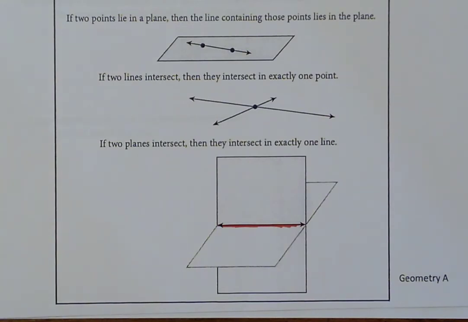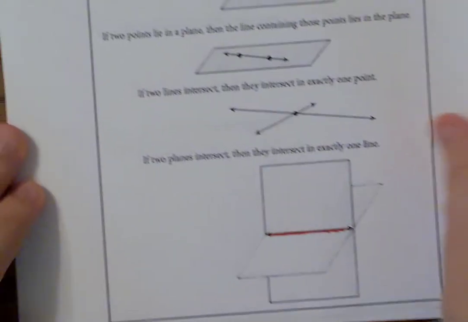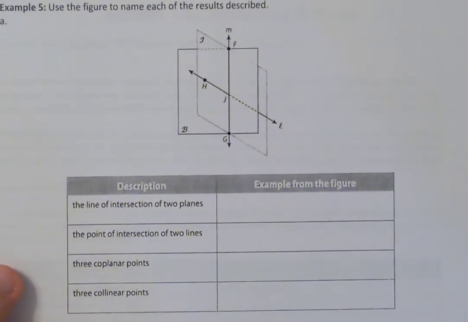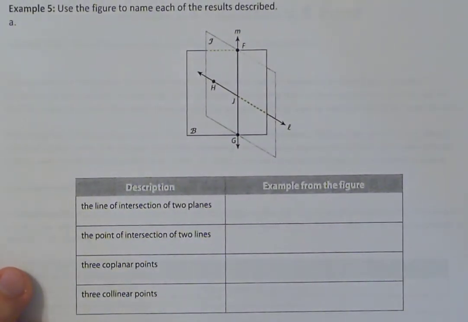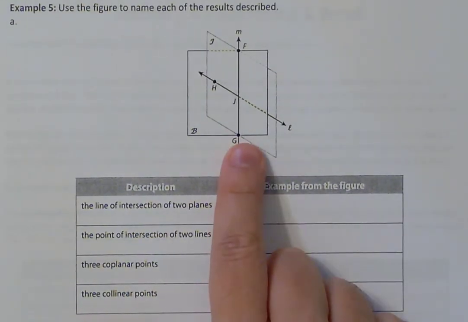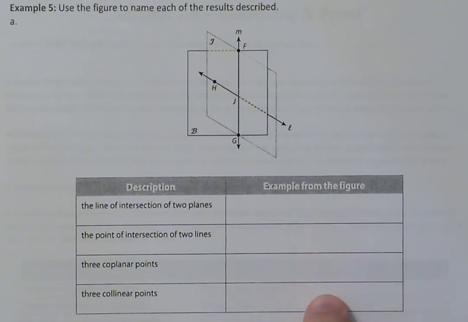All right, so with all of that stated, we're going to go through and practice identifying different stuff for that. All right, example 5 is going to have us go through and use the figure to name each of the results described. So we're going to use our diagram right here to help us go through and find an example of each of these.